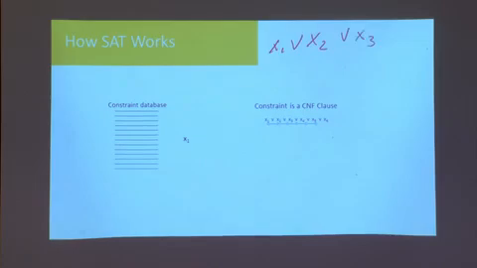So we have all our constraints in this form, and some of them might say, well, either x1 is true, or x2 is false, or x3 is false. Right? So all our constraints are of this form. And you probably remember from discrete math that any Boolean formula can be represented in conjunctive normal form.